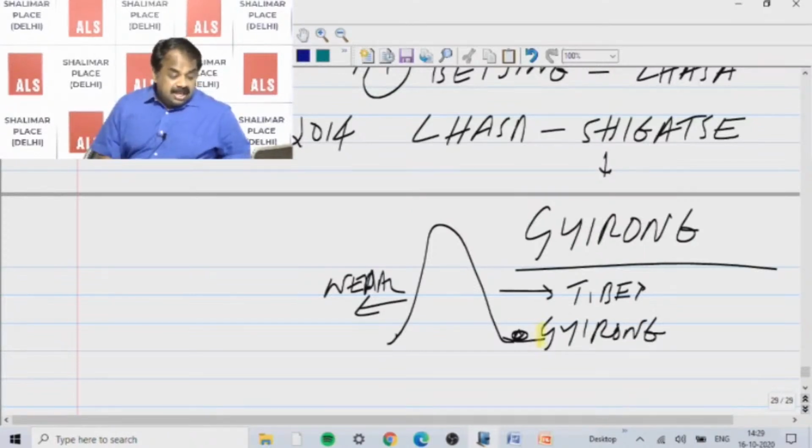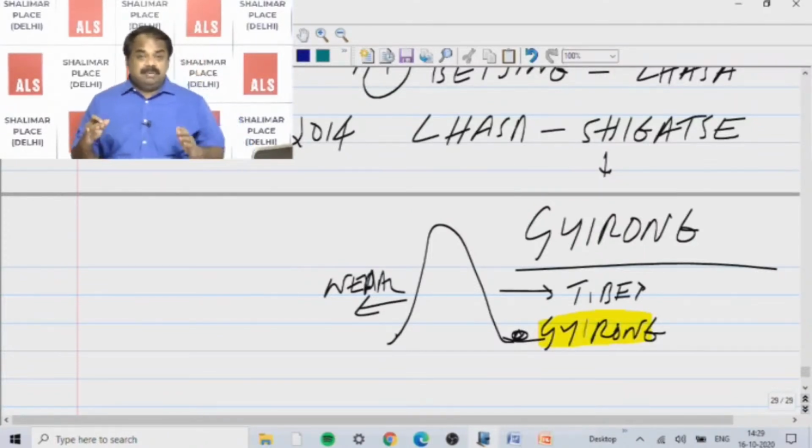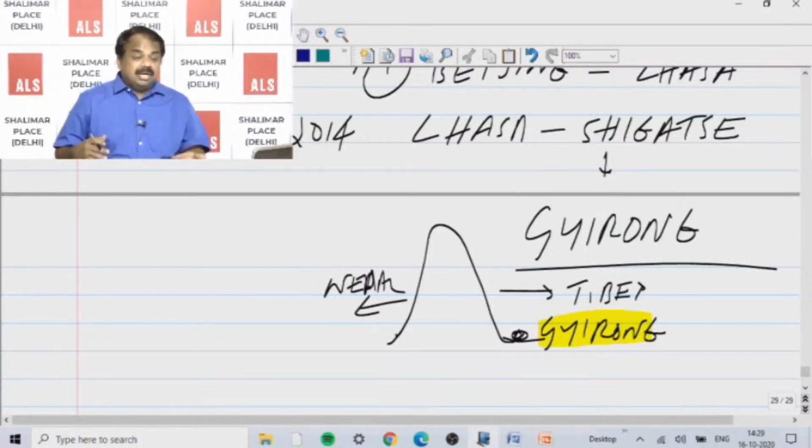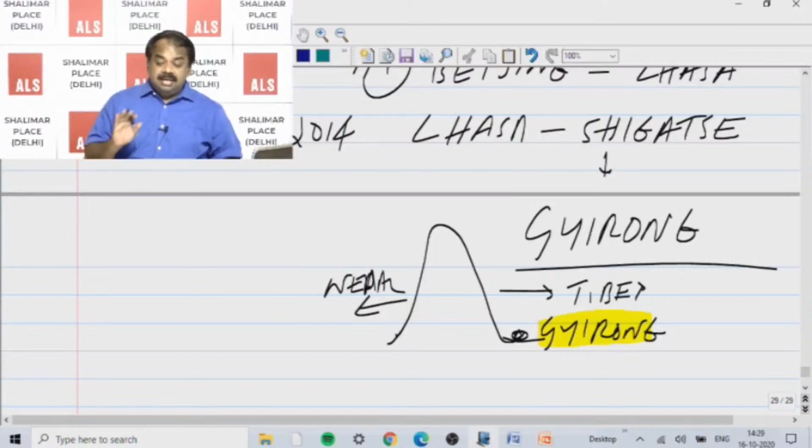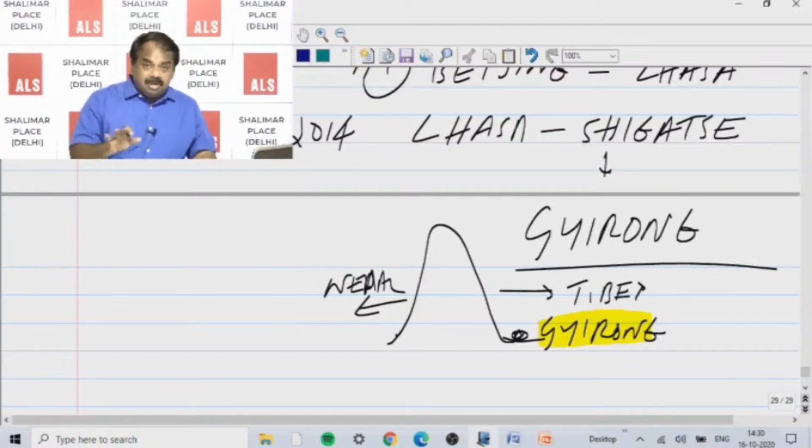We don't know right now whether they will be able to cross with a tunnel and all, but at least it is a few kilometers away from the Nepali border. They will be terminating not far away from the Nepali border. That is possible, and they are going to do it.